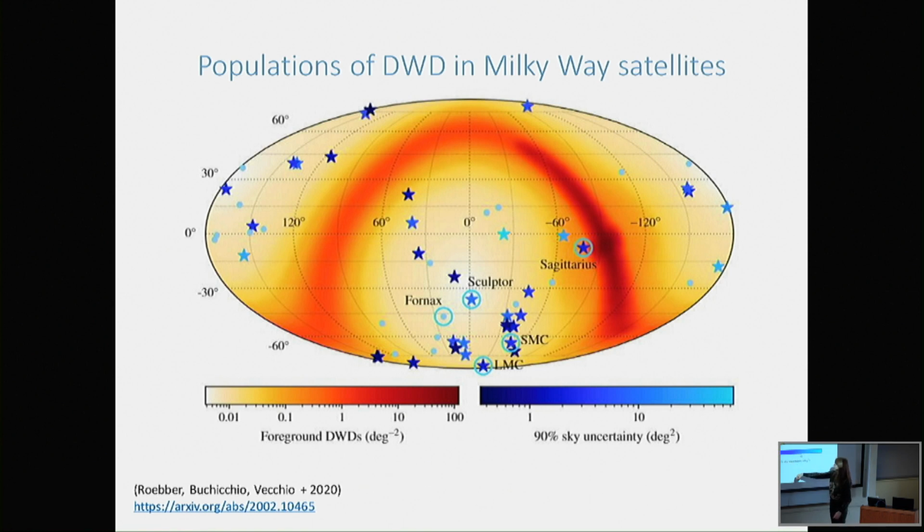These are the typical values, and the main parameters that influence this are the signal to noise and the frequency. Higher frequencies would give you better sky position, and higher signal to noise as well. Again, I'm looking at the highest frequency binaries, and those would have good distances and sky positions.